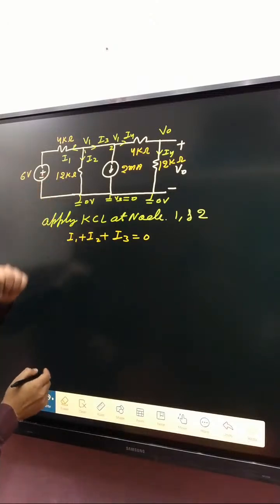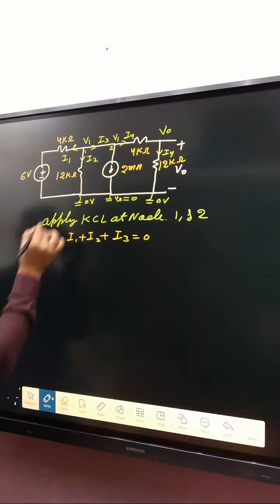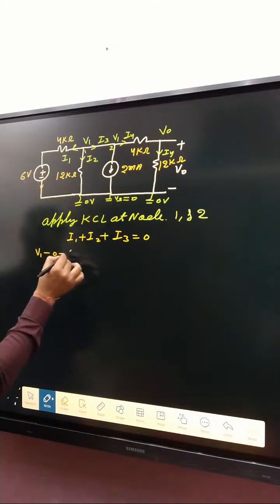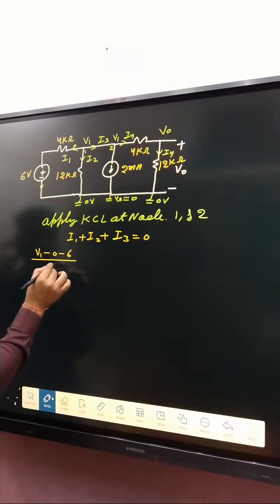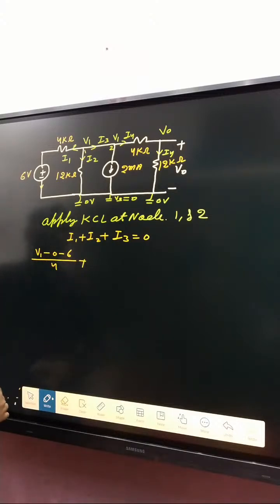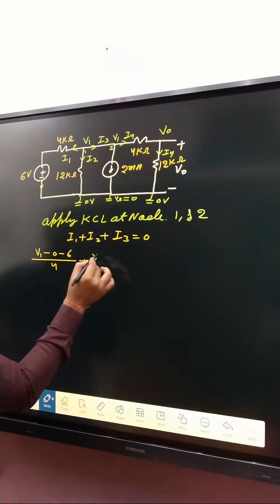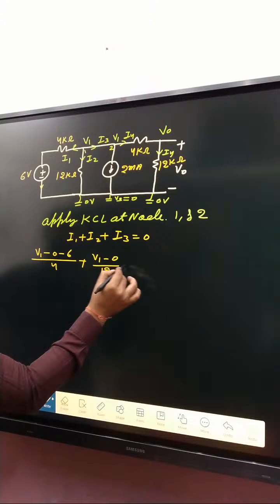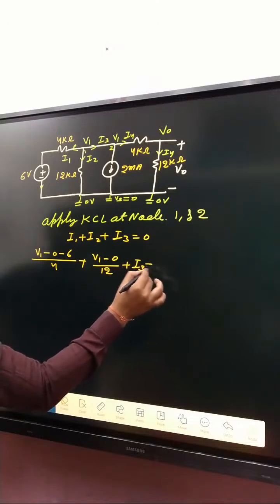Okay. What about I1? I1 is basically V1 minus 6 divided by 4 kilo ohm. What about I2? I2 is basically V1 minus 0 divided by 12. And what about I3?